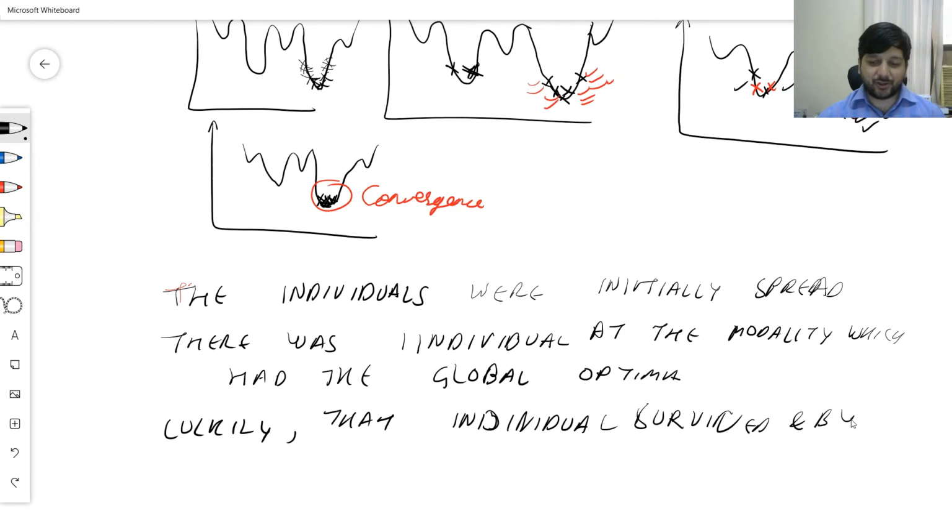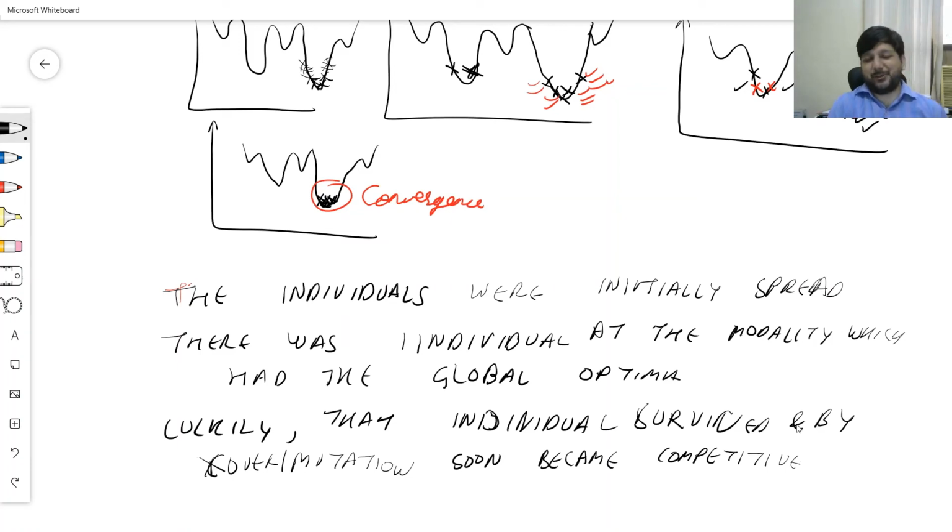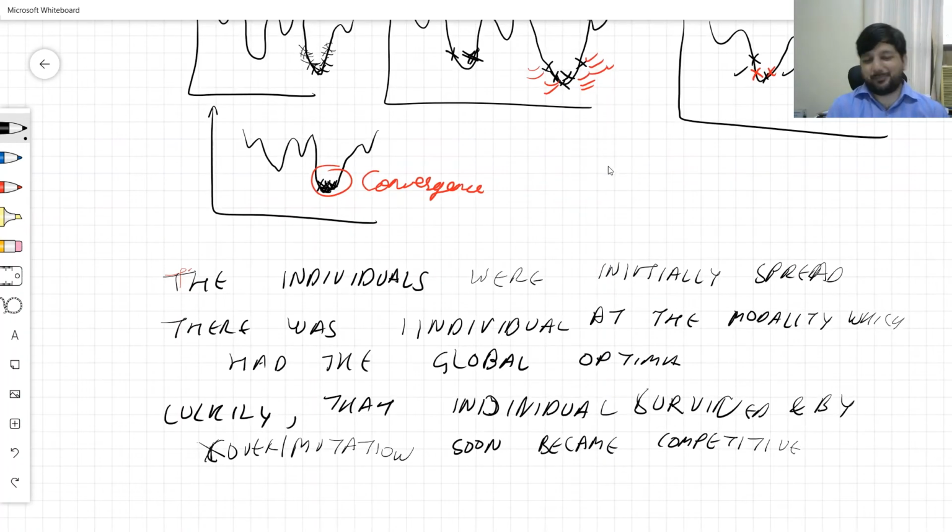And by mutation, or let's say crossover slash mutation, it soon became promising, became competitive. That's the next thing that happened. So it soon became extremely competitive. It was better.